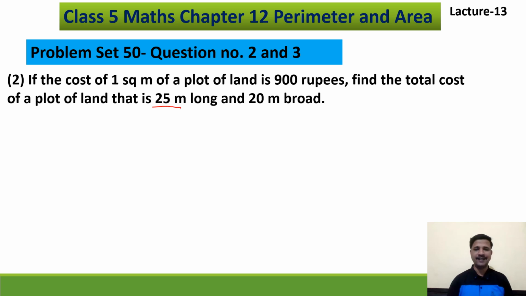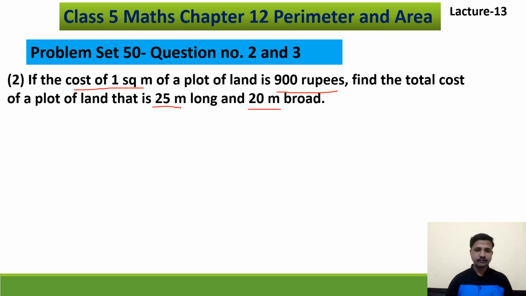Length and breadth are given: 25-meter length and 20-meter breadth, and the cost of 1 square meter of the plot is 900 rupees. First we calculate the area of this rectangle, then we multiply the area by the cost of 1 square meter, 900 rupees.